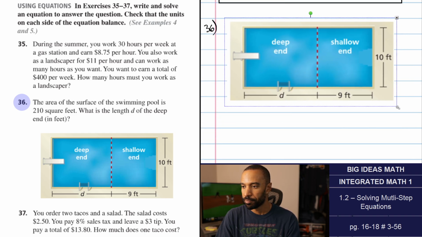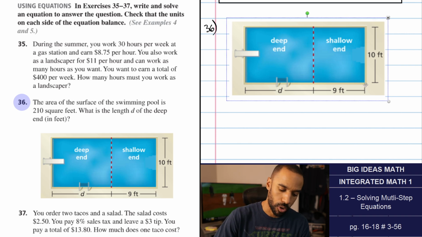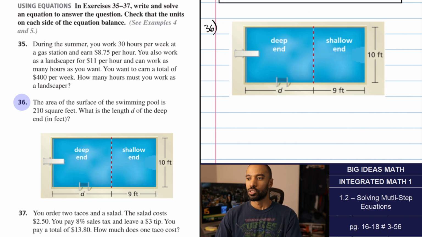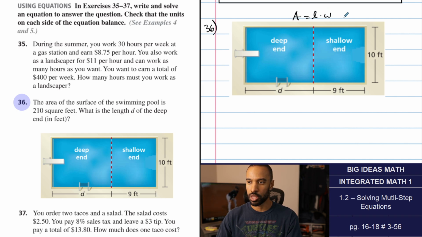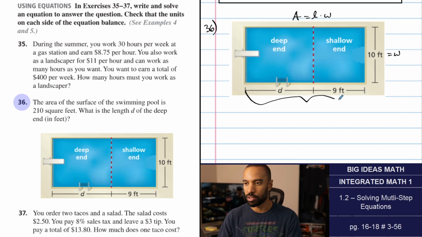We're talking area. It's a rectangular swimming pool. We're talking length times width. So when I consider this area being length times width, the width of this is 10 feet. The length of this is the combination of the deep end and the shallow end. The length is D plus 9.